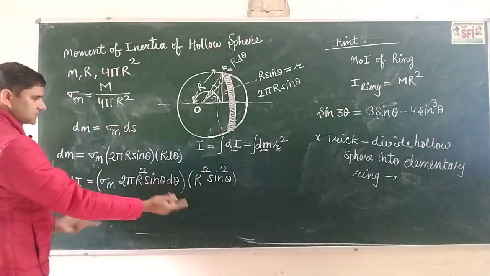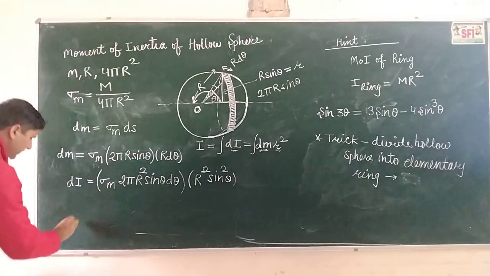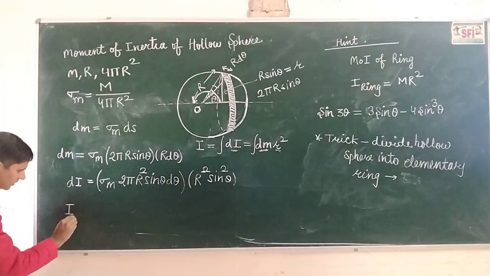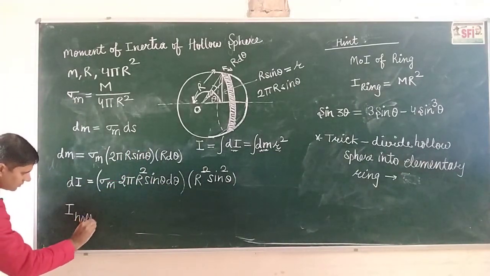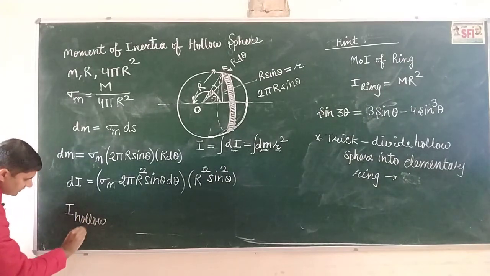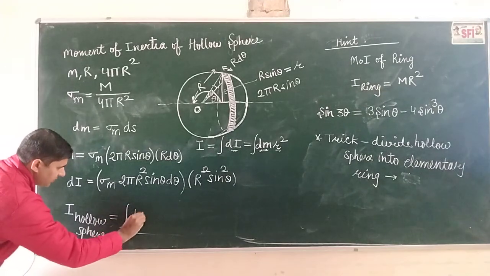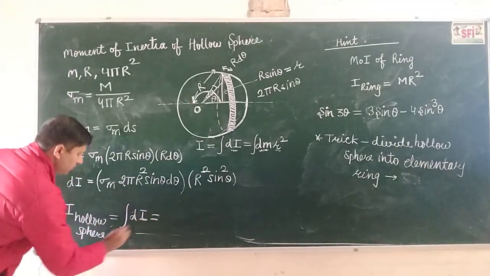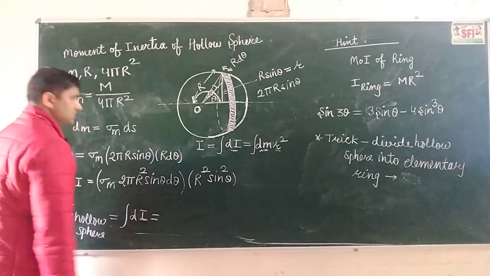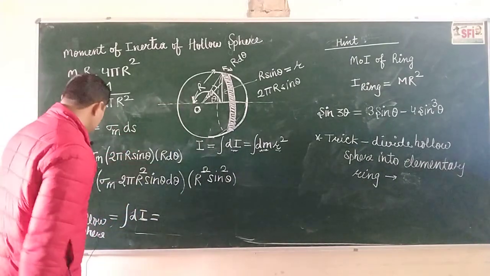Okay, and here theta is the only variable. So to find the moment of inertia of the hollow sphere, you will integrate it, and then you will get the moment of inertia of the hollow sphere where mass is present only at the surface.